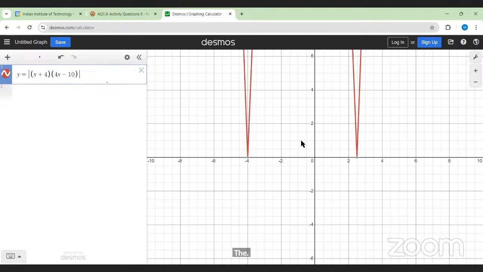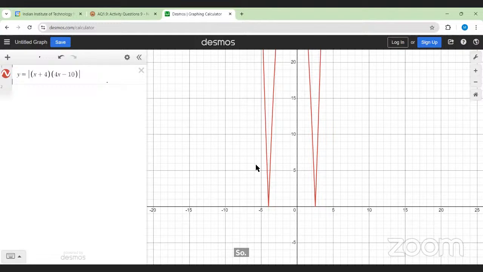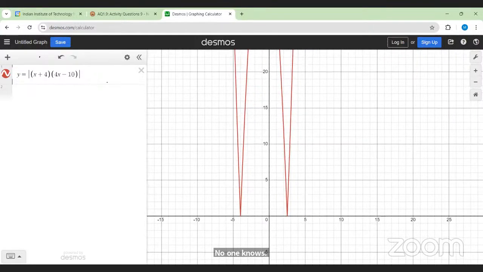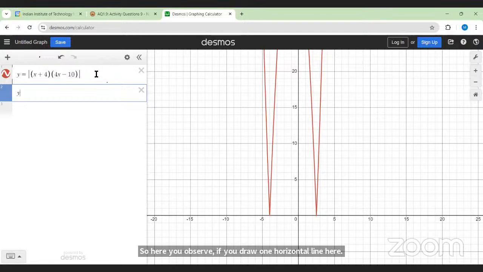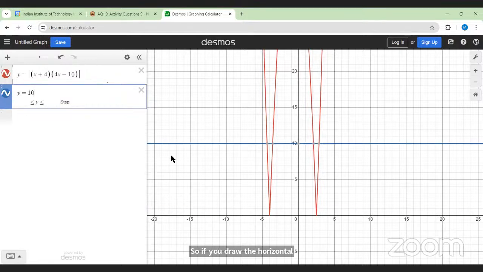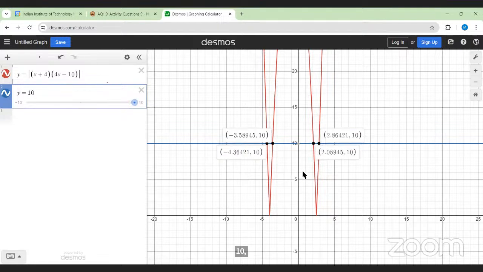No, ma'am. So here, although it's a modulus graph, it's pretty intuitive that it should not be 1-1. So here you observe, if you draw a horizontal line, named y equals 10, then this horizontal line is actually cutting at 4 points. Intuitively it should not be 1-1, but again you have to think about values.